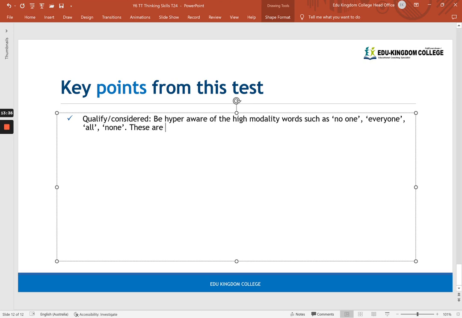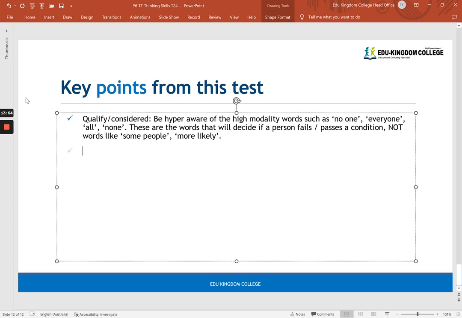These are the words that will decide if a person fails or passes, a condition, not words like some people or more likely. So be very careful of that.